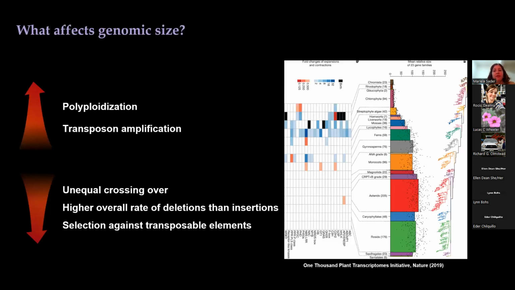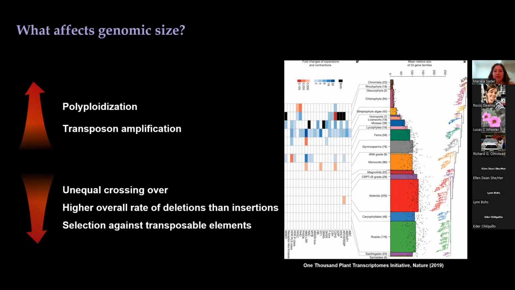The possible causes that decrease genome sizes are unequal crossing over, higher rates of deletion than insertions, and selection against transposable elements. Among the causes that increase the genome size, we have polyploidization and transposon amplification.